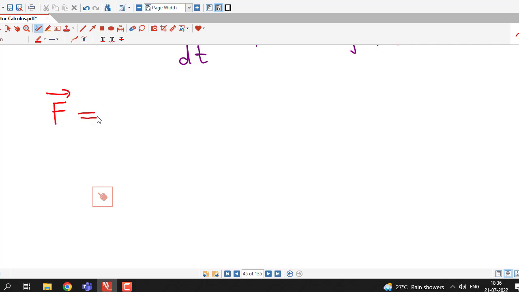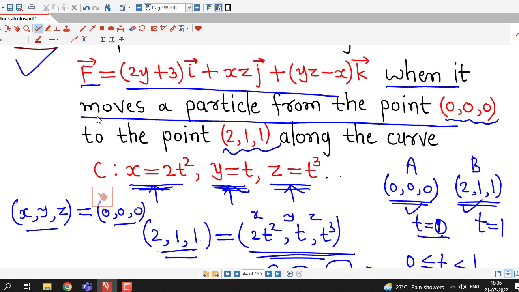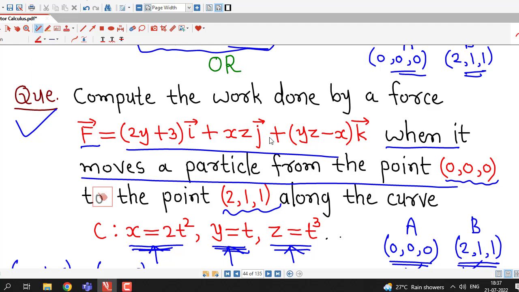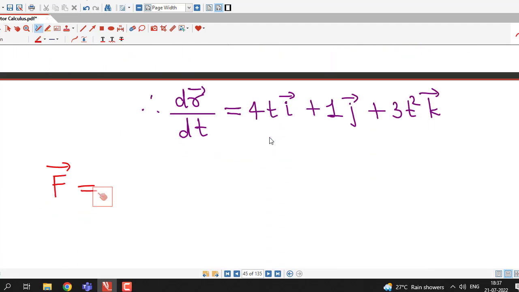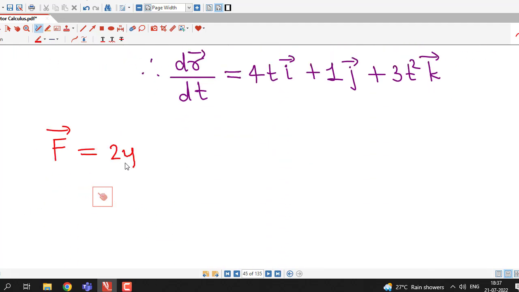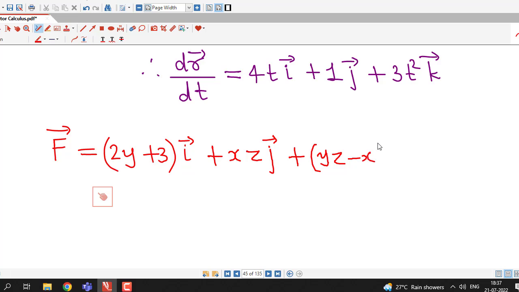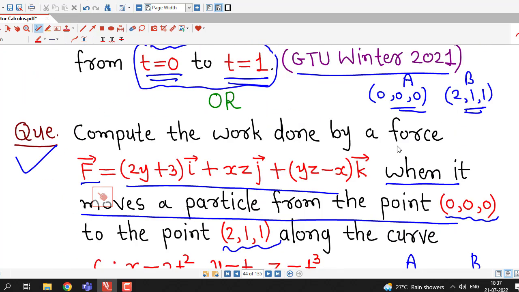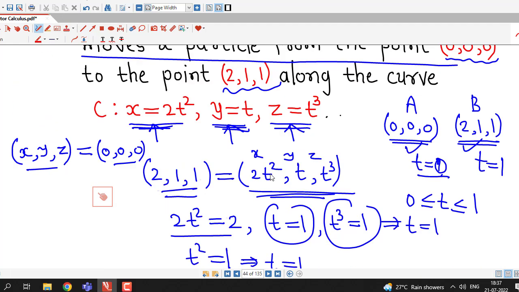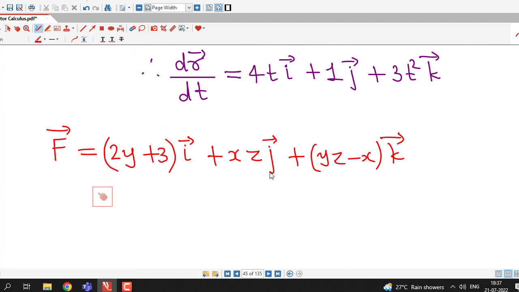We will require our vector function in terms of t. So first we write the given vector function f bar: (2y plus 3) i plus xz j plus (yz minus x) k.